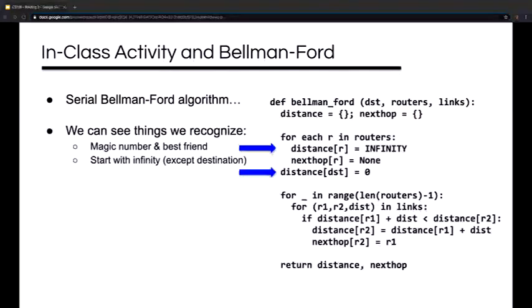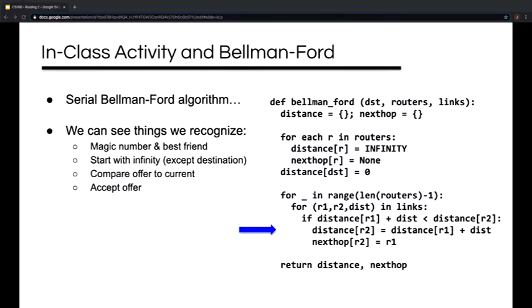We started with infinity, except for the destination, Ian, who started with 0. These are the setup, the initial conditions. And you can see where it compared an offer to a current value. It looked to see if my neighbor's number plus the distance to my neighbor is smaller than the distance that I currently have now.